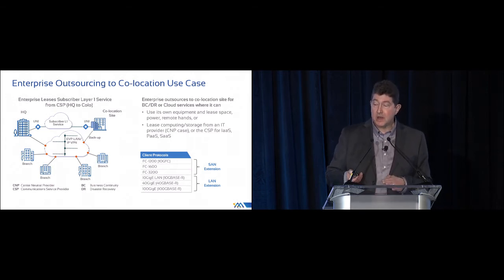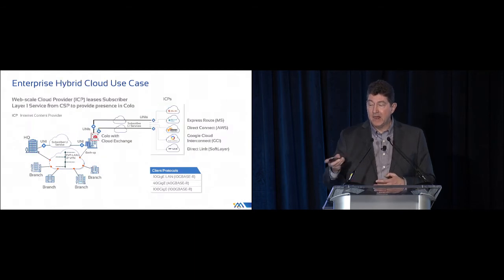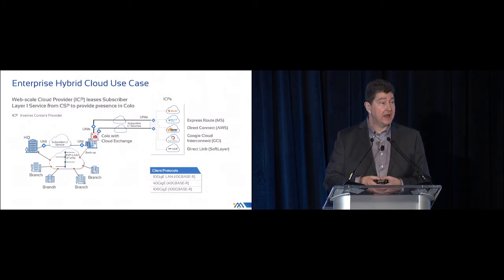So we'll just build on that story with the web-scale ICP providers now. So let's say Amazon has some massive data center and they want to establish a point of presence in that cloud exchange at the colo site.